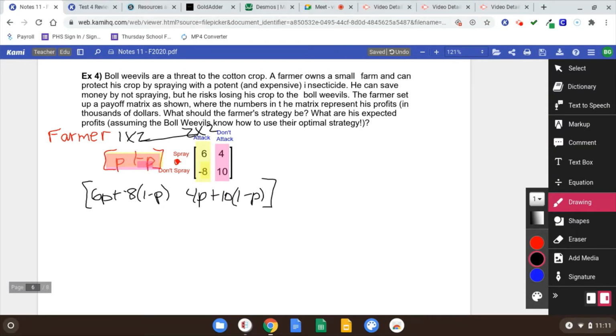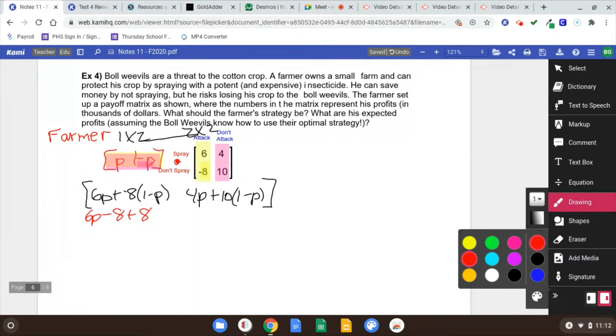Make sure you write small. Don't have a whole lot of room. But what we want to do here is set those two expressions equal to each other. And I'm going to have 6p minus 8 plus 8p equals 4p plus 10 minus 10p. So set those two expressions equal to each other and solve.